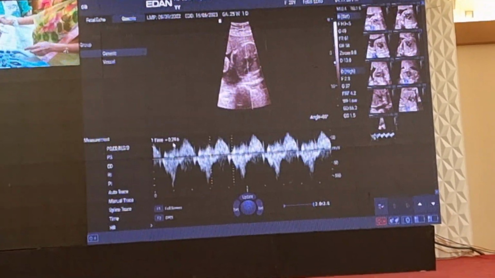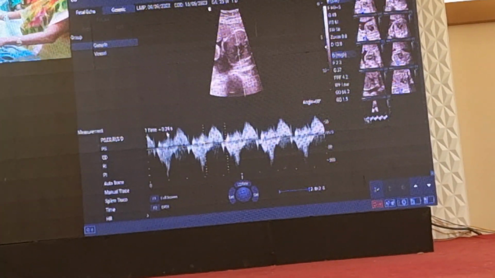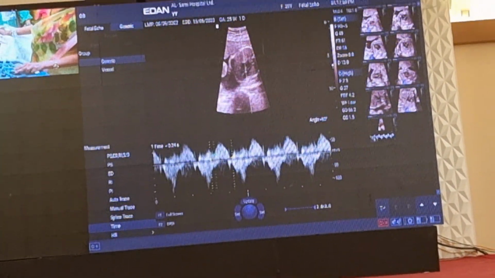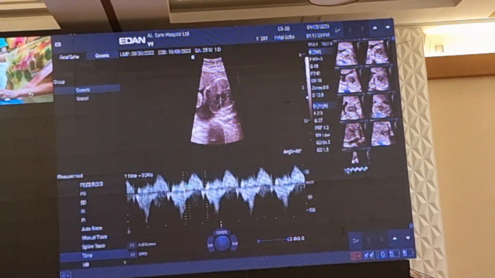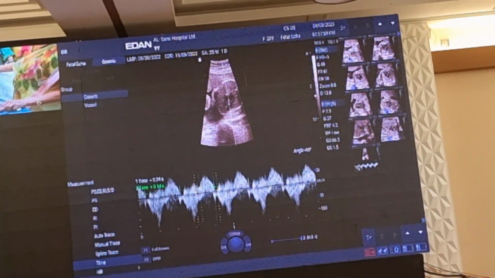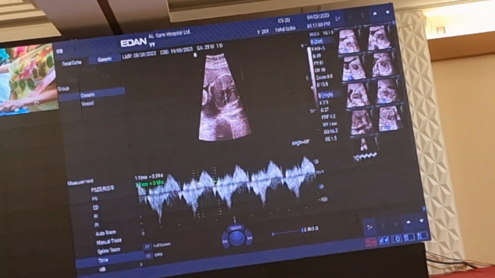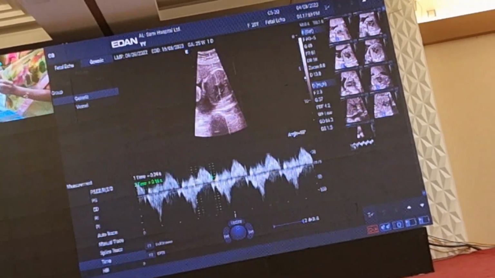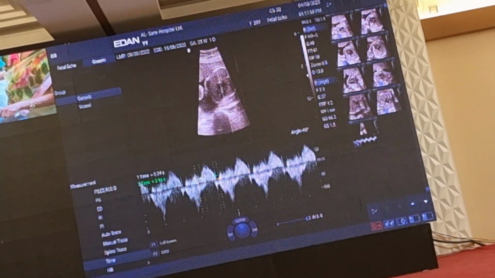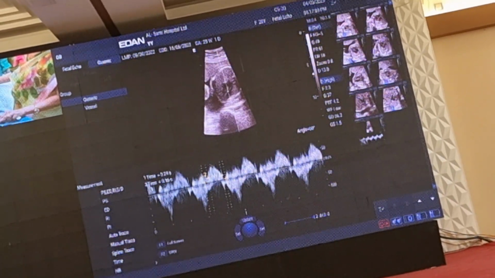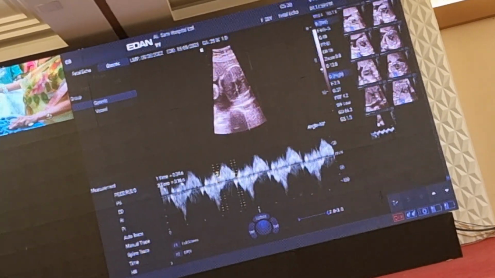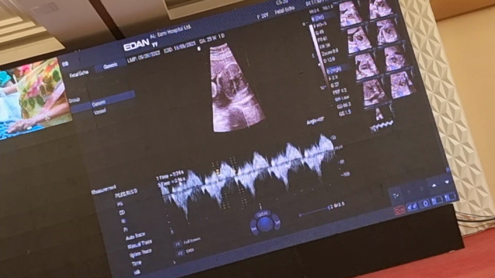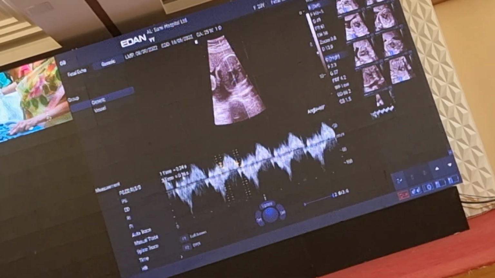So next I measure the time of the V wave, from the beginning of the V wave to the end of the V wave. So this is the ventricular contraction time. You can see over here, this comes to 0.16 seconds, which is 160 milliseconds.